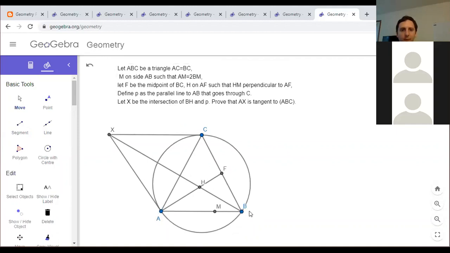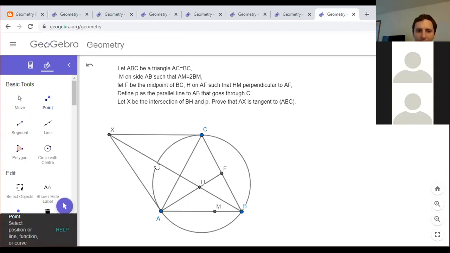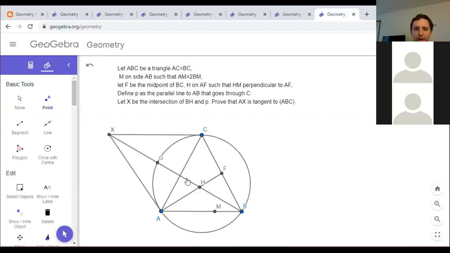Since angle A and angle B are equal, showing it's tangent is the same as showing that AC is the angle bisector, right? There's a couple of equivalent ways to think about it. We could try to show that this is a harmonic quadrilateral, B, C, G, A.